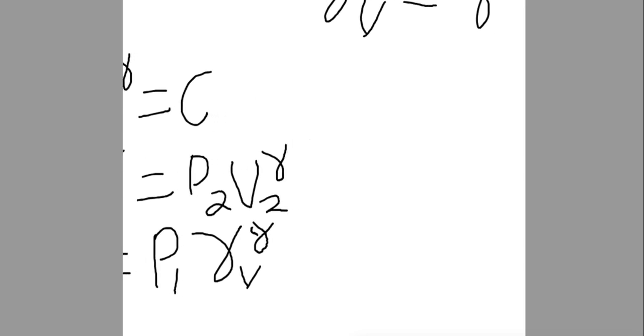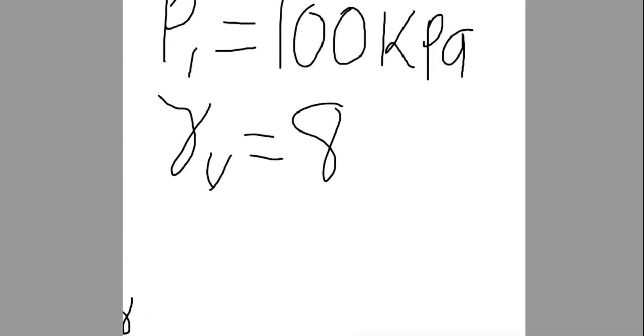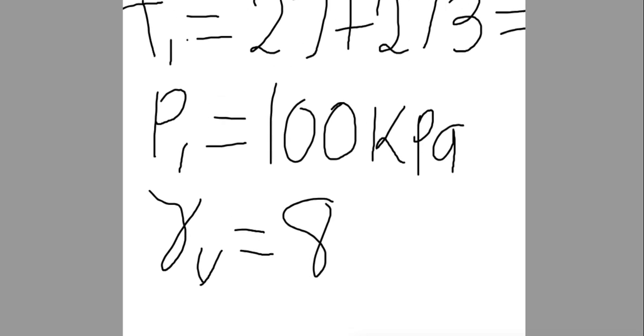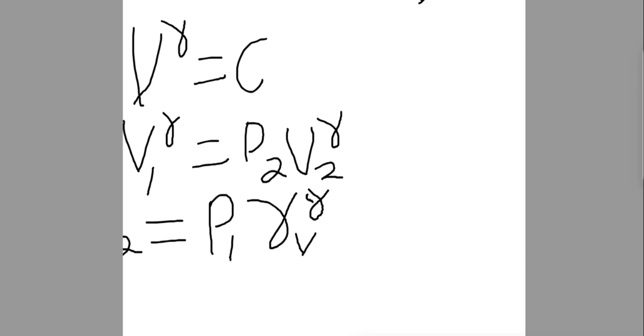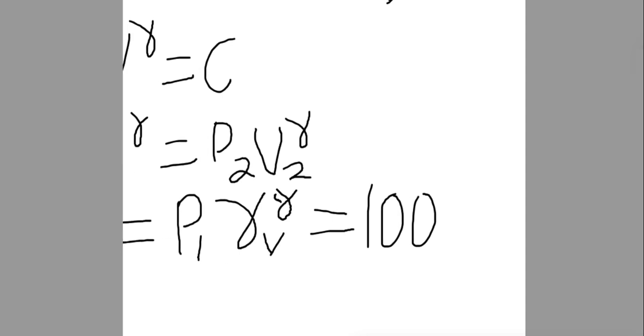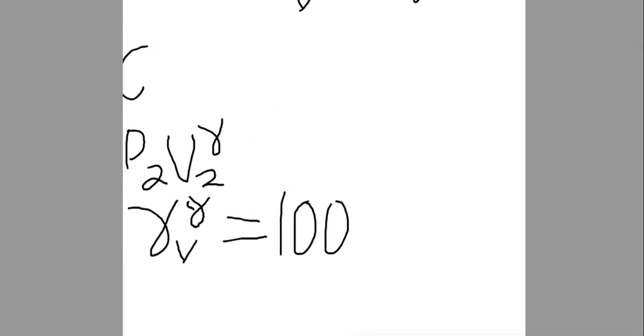So let us continue with our calculation. We know that our P1 is 100 kilopascals and our compression ratio here is 8, so we just put it into that. P2 is equal to 100 times 8 raised to power 1.4. We can decide to put the kilopascals times 10 to power 3, but we might not need that because P2 will also be in kilopascals.